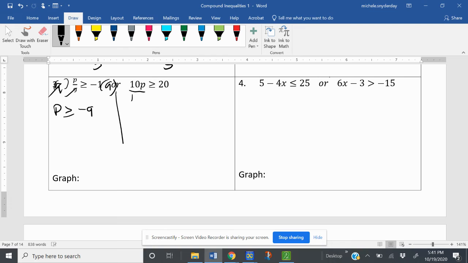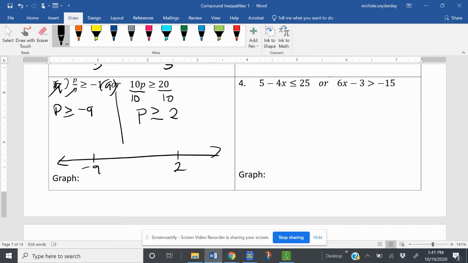So instead of multiplying, we will divide by 10. And that gives us p is greater than or equal to 20 divided by 10, which is 2. So on our number line, our most important numbers are -9 and +2.